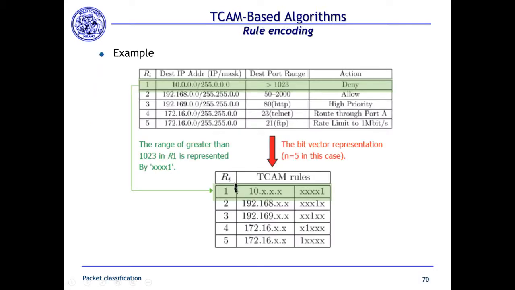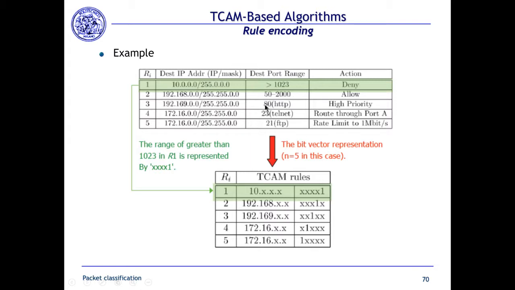Let's take an example as usual. So this is a classifier where we have two fields. One is the destination IP address, so it's already expressed in the form of a prefix and prefix length. And then we have the destination port range. In this case, for example, we have the first range, which is greater than 1023. Then another range which is between 50 and 2000.